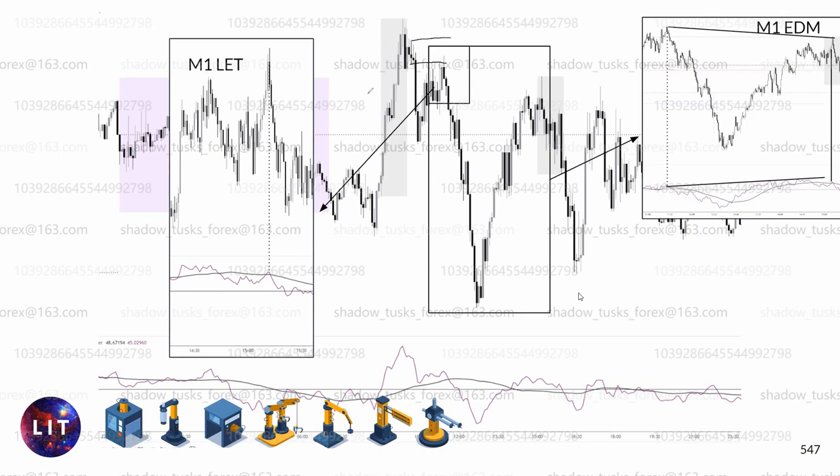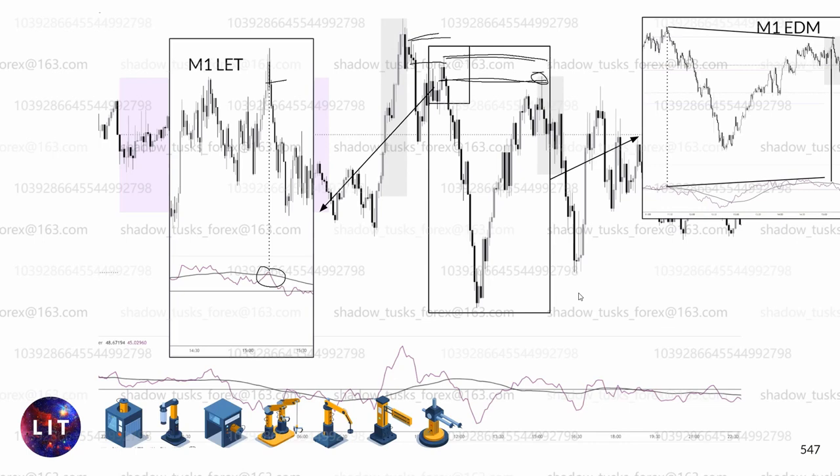Okay, so again, this would be very nice. Your mitigation combined with M1 let. Maybe you wait a bit, market execute, stop above the high, something like that. And then also the zone right here was an M1 EDM, so this would give more validation to this mitigation zone.